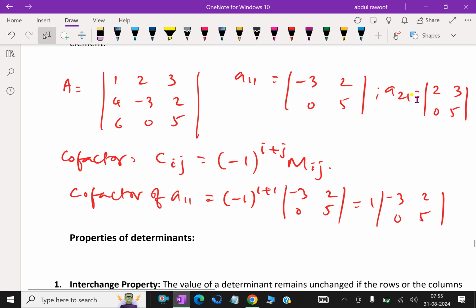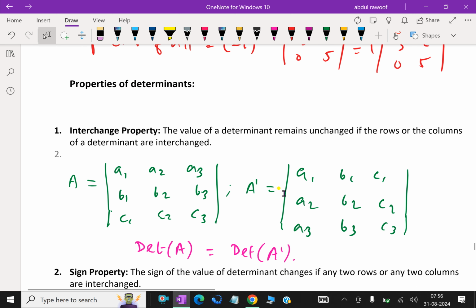A21 is what? Here it comes minus 1 to the power 2 plus 1, that is 3. So minus 1 to the power 3 is minus 1. So minus 1 into this. Like that we can find all cofactors.